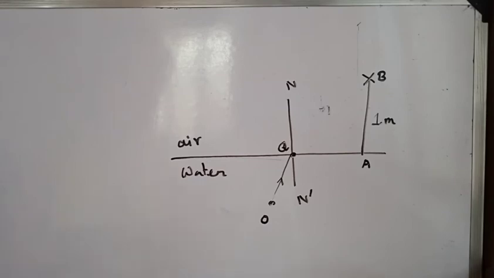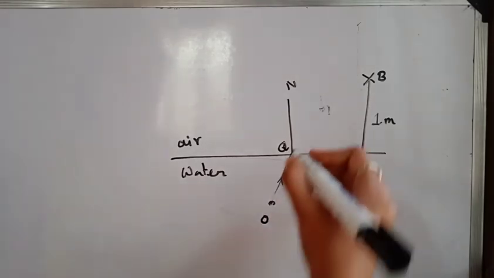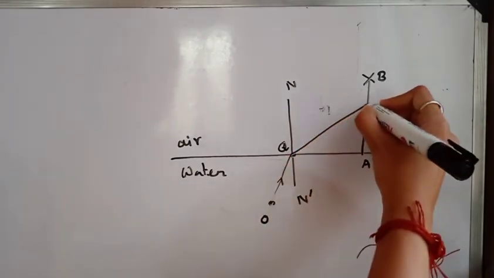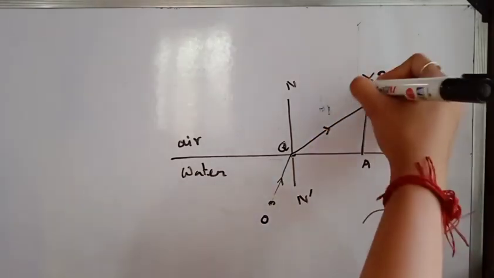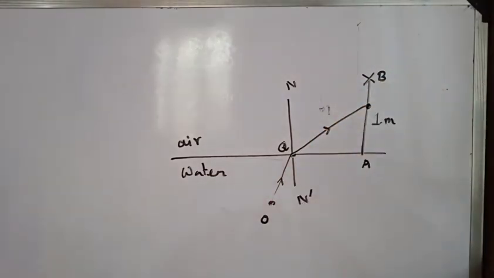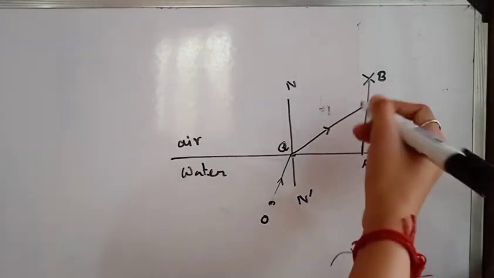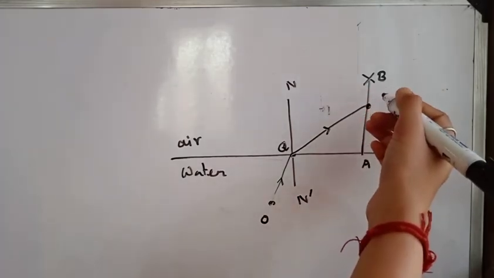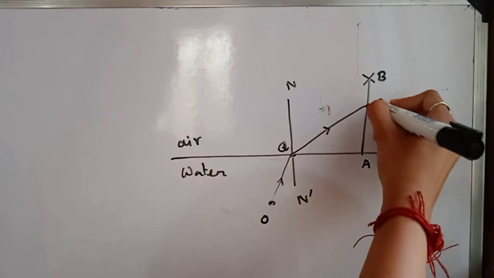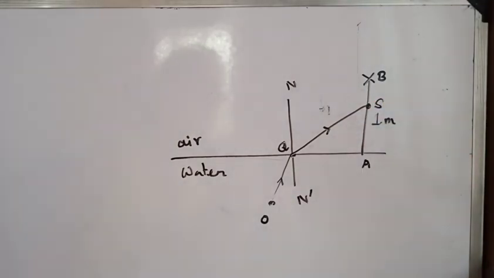The ray of light will change its direction. Suppose the ray of light goes like this and meets at a point here. Suppose this point is S.